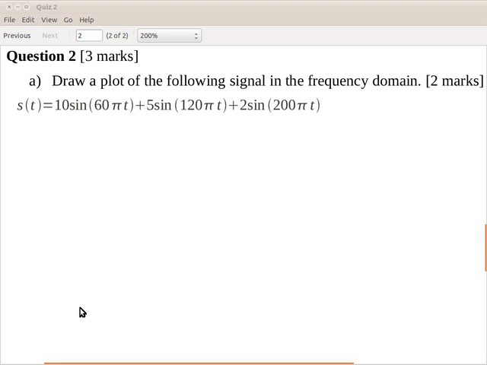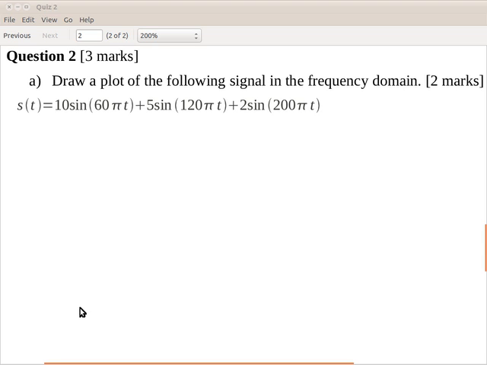So they are the frequencies of the individual components. We need a plot of the entire signal, which is the summation of those components. What do we do?